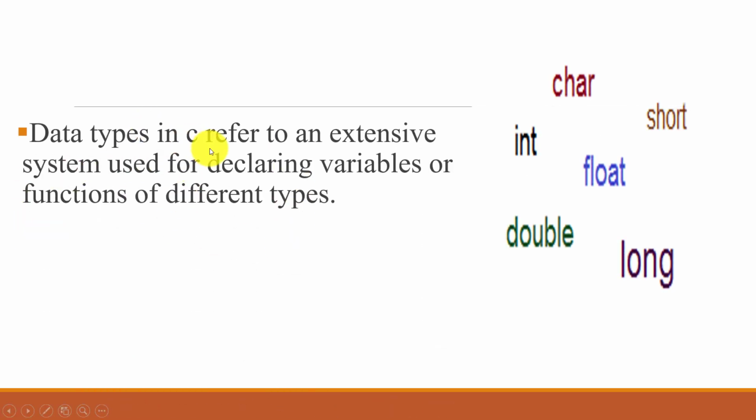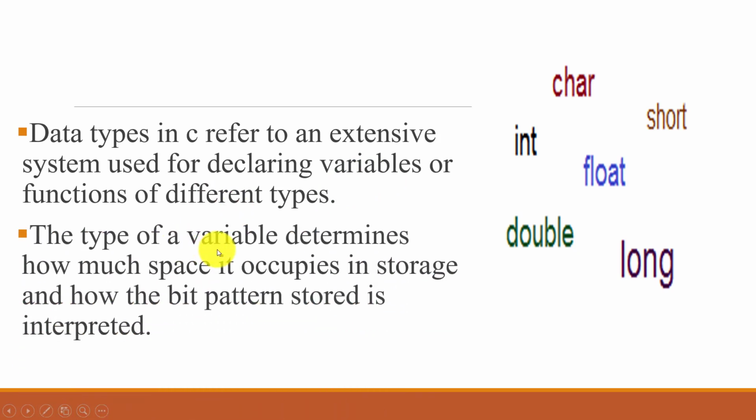Now data type in C refers to an extensive system used for declaring variables and functions of different data types. The type of variable determines how much space is occupied, because we know that integer, character, float can be stored or declared as a variable and the variable occupies storage. But the question is how the stored bit pattern is interpreted, because according to our requirement or specification we can use int, character, float, etc. And that is referred to as a qualifier.